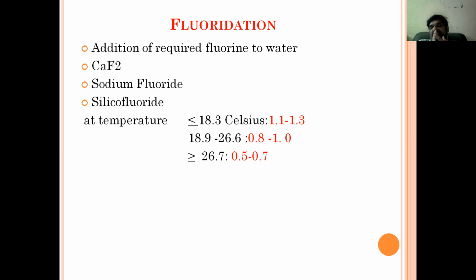Why should we add it? Because it is the most essential component. And how can we add it? There are different mechanisms, dry feeders in the powder form, and also in the solution form and saturated forms. We can add this fluoride either in the powder form or in the solution form.